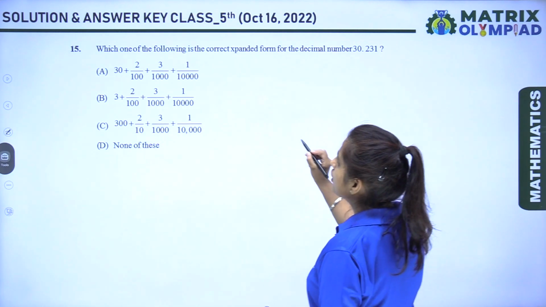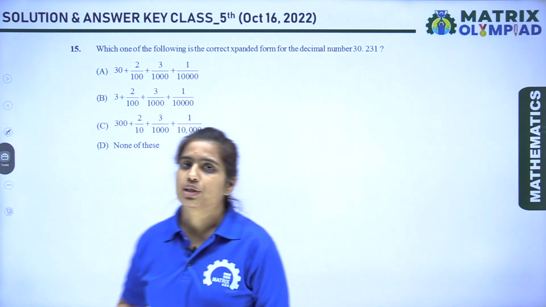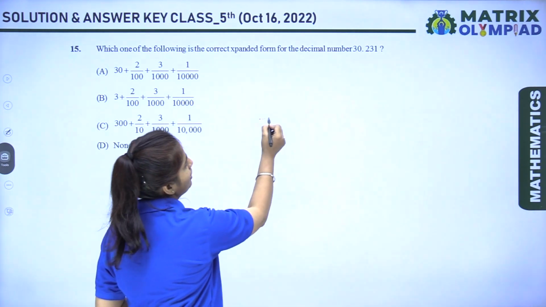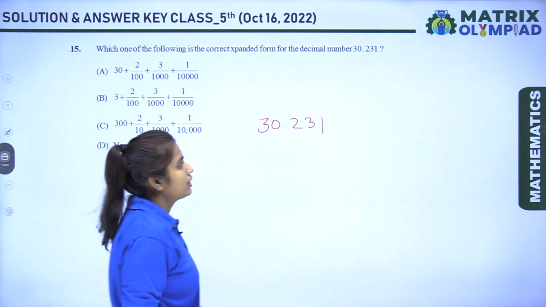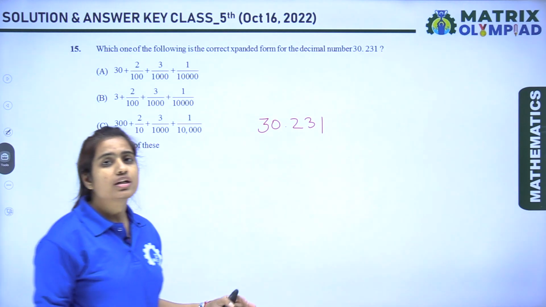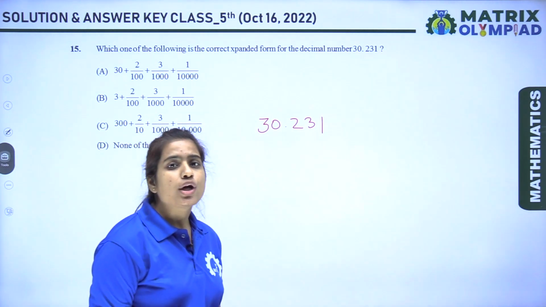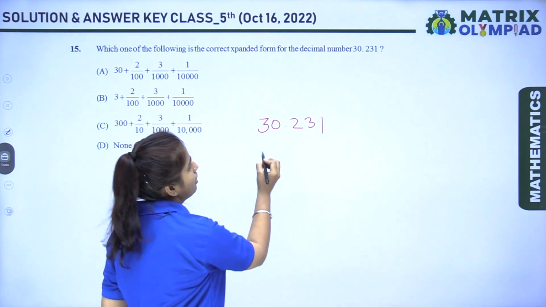Which of the following is the correct expanded form of the decimal number? So here we have the decimal number, and we can see that 30 is the whole number, 0.231 is the decimal part.